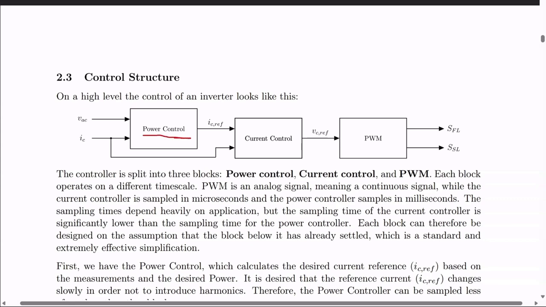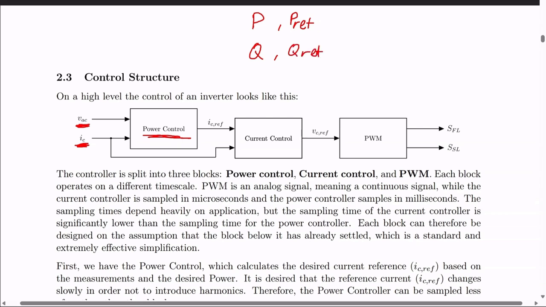Then we have the power controller. It takes in the measurements, the voltage and the current, and it controls the active power, which is P, and the reactive power, Q. It controls them separately. So it also needs the power references, of course: we need Pref, and then we also need Qref.